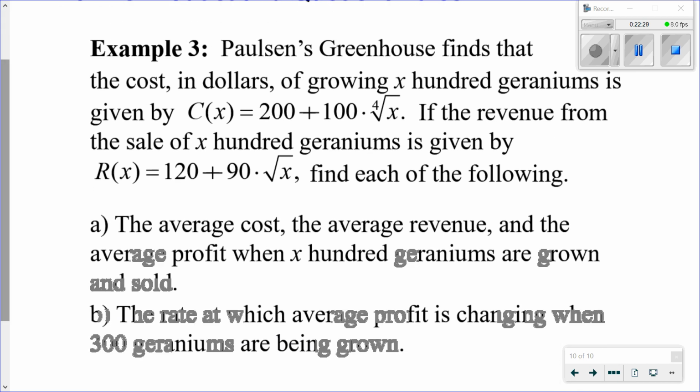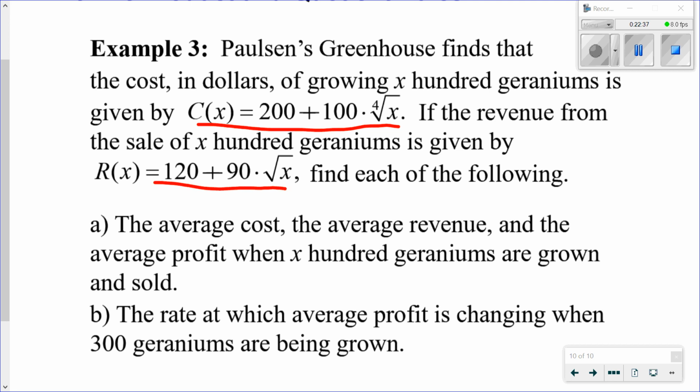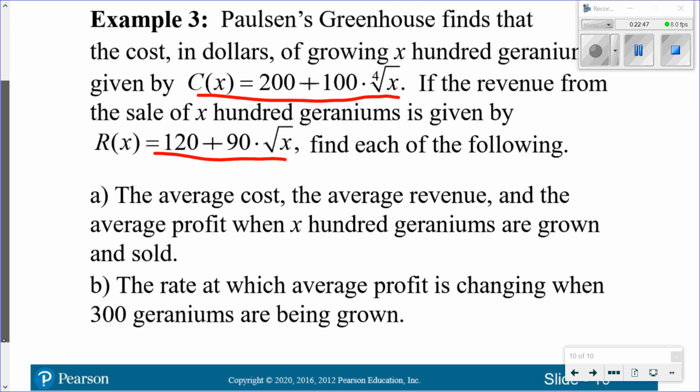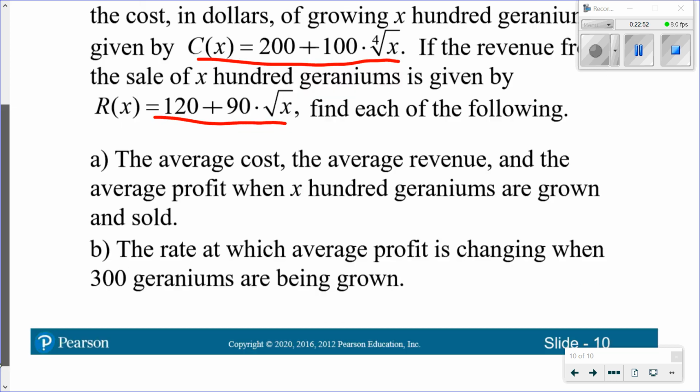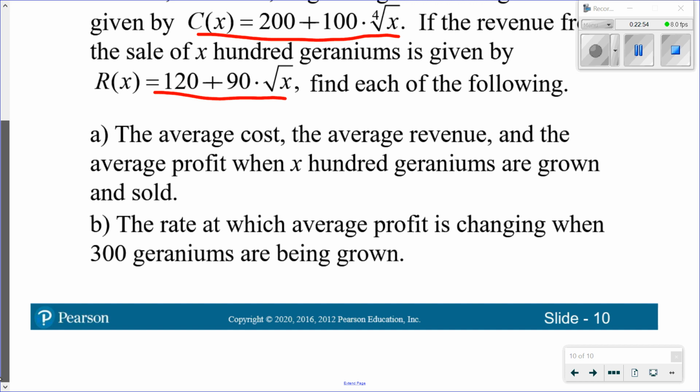On the next page, we have a function here. The cost of growing geraniums is here, and the revenue is here. So average cost. And we'll just do one of them. In fact, let's do profit because that would be the most difficult. Yeah, you know what? Let's not.